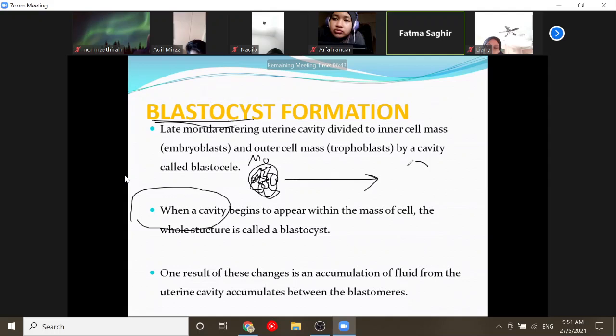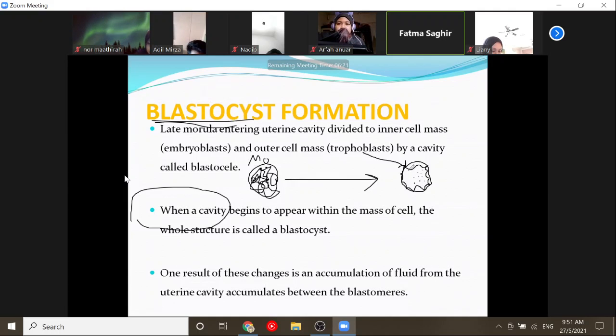Blastocyst means we have an outer layer of cells, which we call trophoblast, and inside we have fluid.